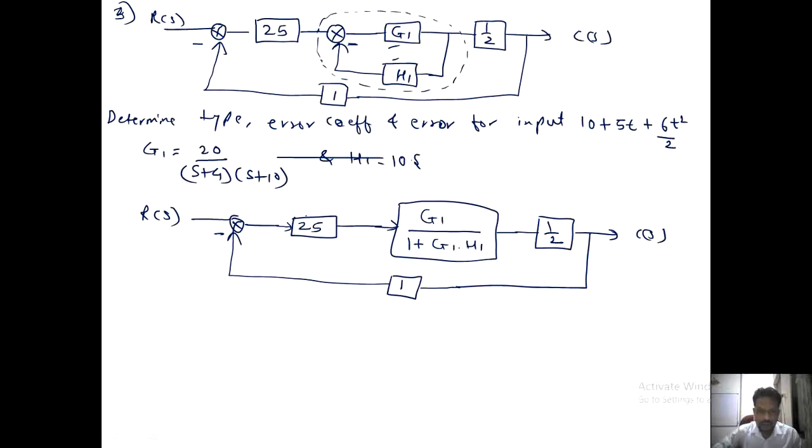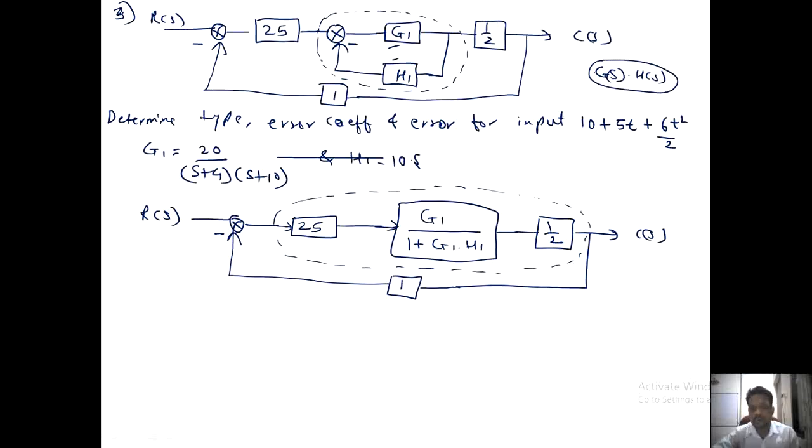Series law, because 25, then this block, G1 by 1 plus G1 H1, and half, are in series. We are not solving a numerical of block diagram reduction actually, but our target is to get G of s into H of s. This is known as the open loop transfer function. So we need only this G of s, H of s. That's why we are solving this.